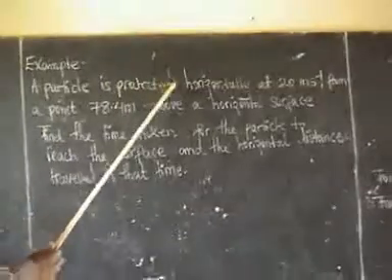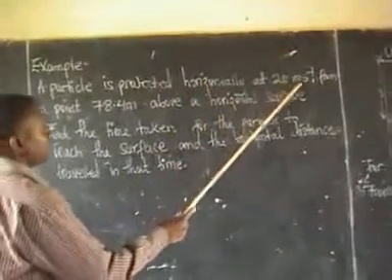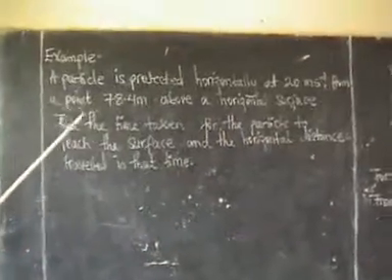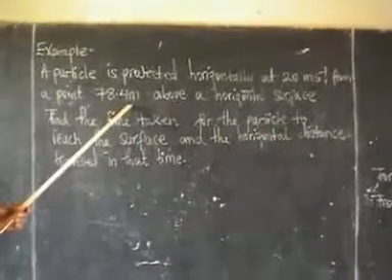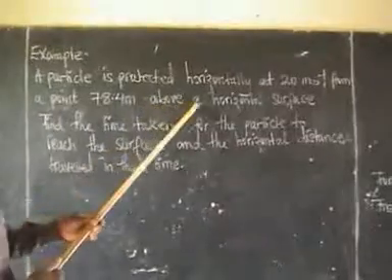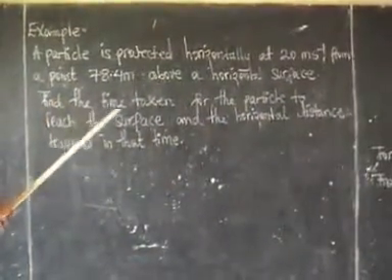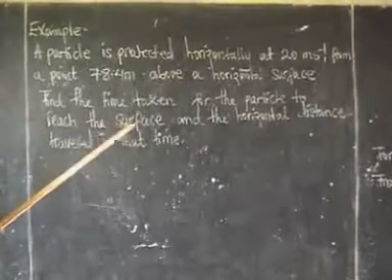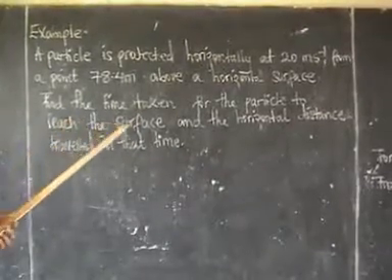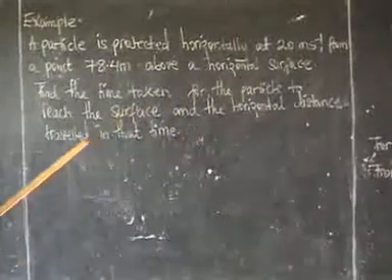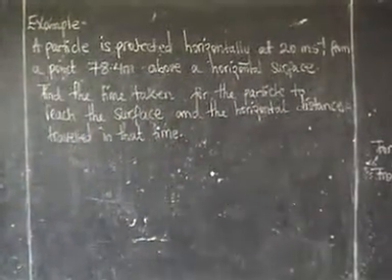A particle is projected horizontally at 20 meters per second from a point 78.4 meters above a horizontal surface. Find the time taken for the particle to reach the surface and the horizontal distance traveled in that time.